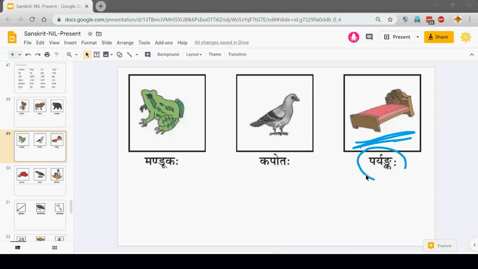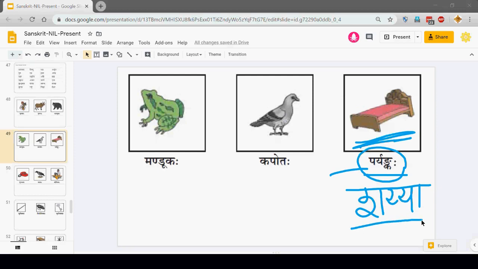A bed, we are referring to it as Paryankaha here, Paryankaha. And there is another word we saw before to refer to bed called Shayya. So Paryankaha is a Pullinga word or the masculine word, whereas Shayya is a Strilinga or a feminine word. So note that the concept here, though the object is the same, we are using two different words for that.